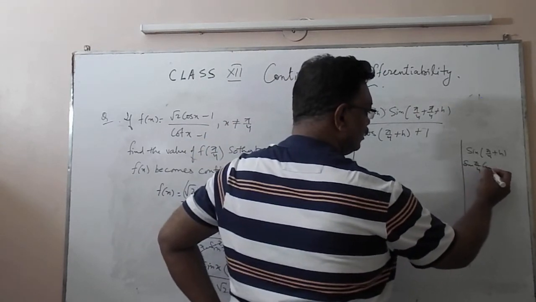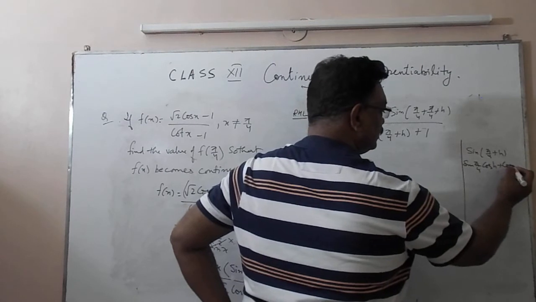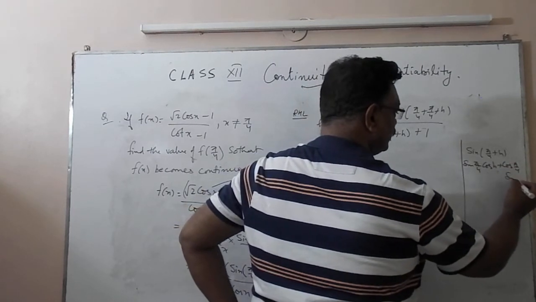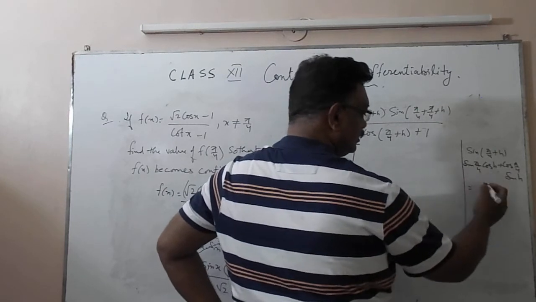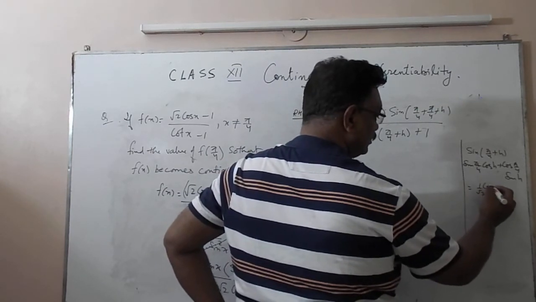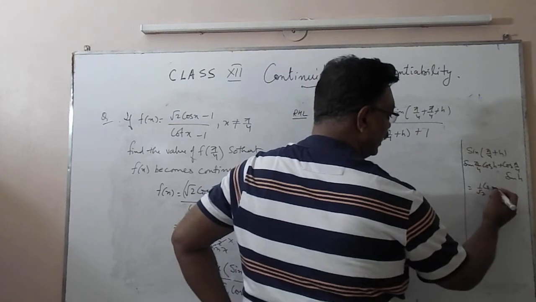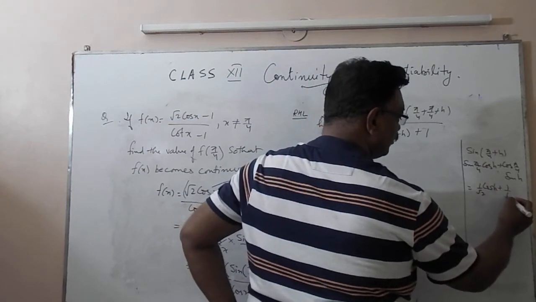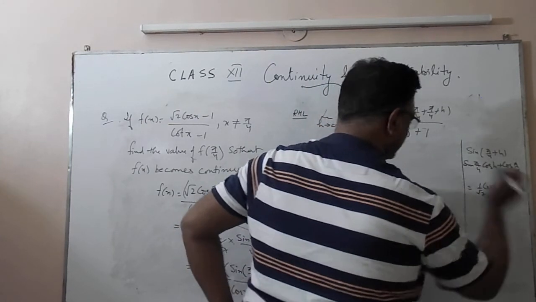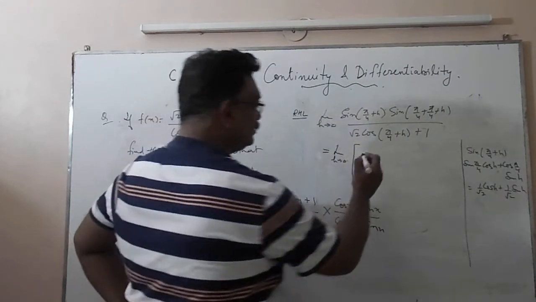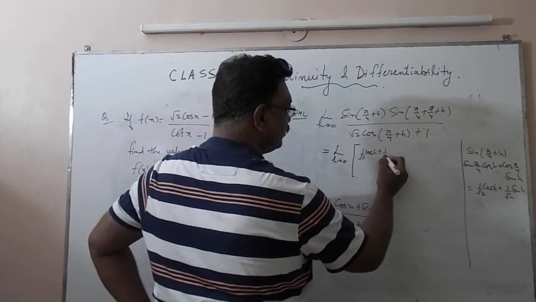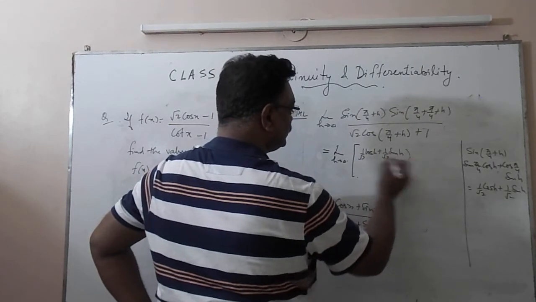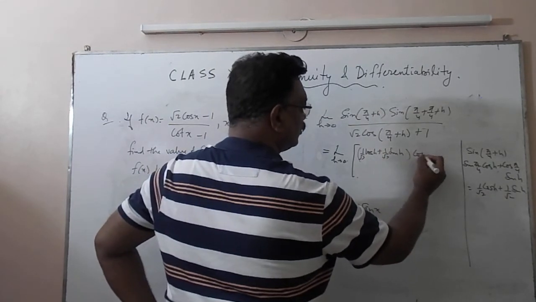This is 1 by root 2 cos h, and this is 1 by root 2 sin h. So 1 by root 2 cos h plus 1 by root 2 sin h.